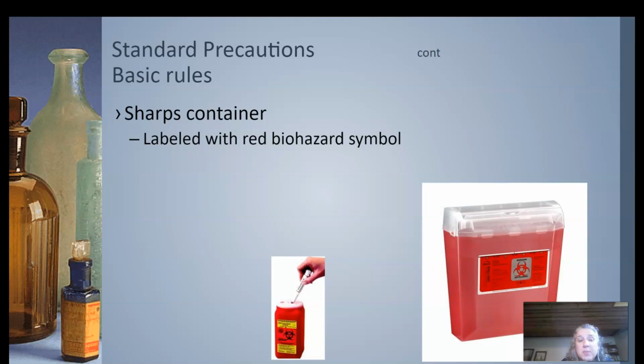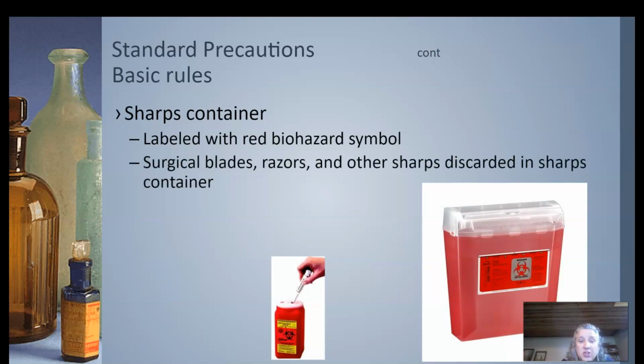All sharps containers must be labeled with a red biohazard symbol, and surgical blades, razors, or any other sharps are discarded into the sharps container. It must not be emptied or reused, so healthcare facilities actually call companies who will come and pick up the sharps containers, and they are supposed to dispose of them properly.